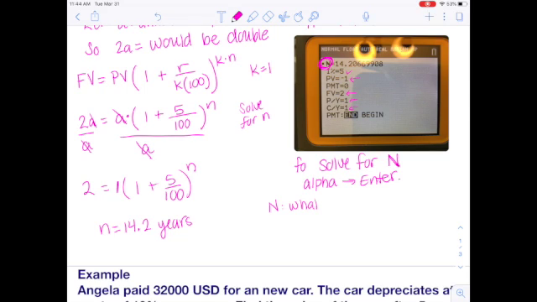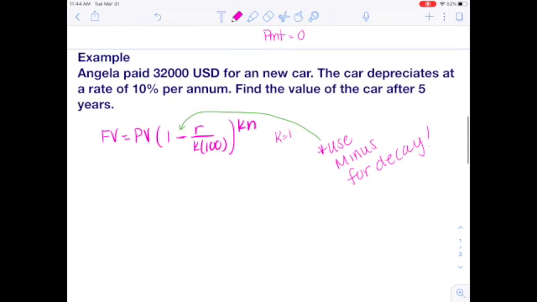So just as a broad overview, N is what you are solving for. You've got your interest rate, the percent is 5. You've got your present value, -1. And then PMT is 0, and your final value you're going to enter as 2, and then solve it.